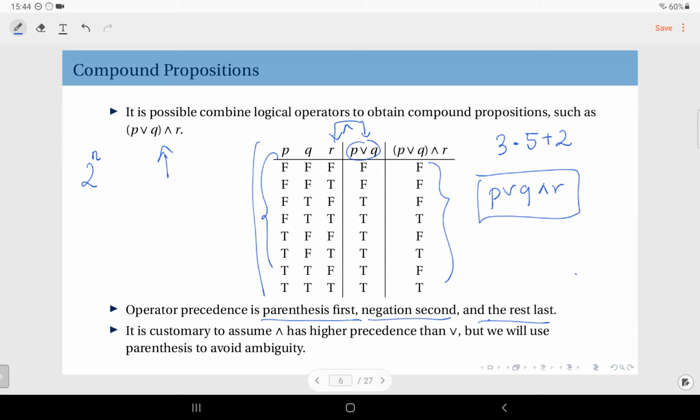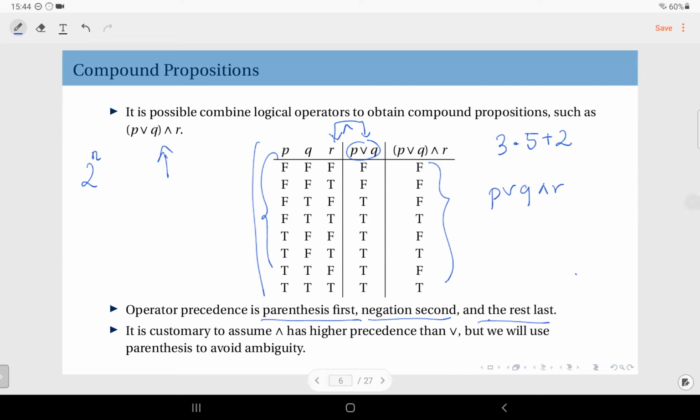We sometimes prefer to give precedence to and. So we will take this as do the and first and then apply the or. But that is not universally agreed upon. It's not a mathematical fact. Therefore, do not really rely on that. And in doubt, most certainly in this course, use parentheses to avoid ambiguity.